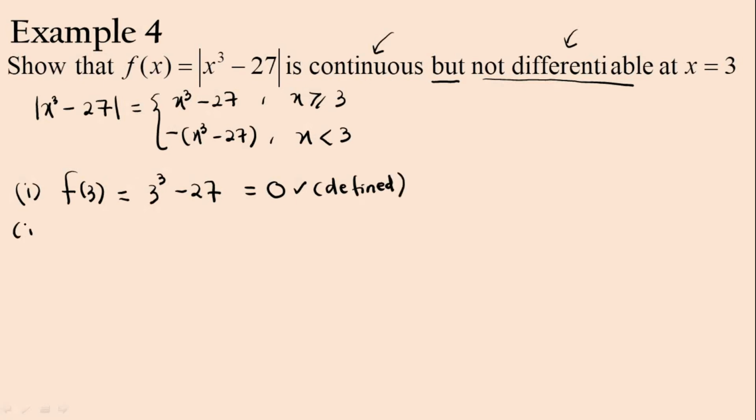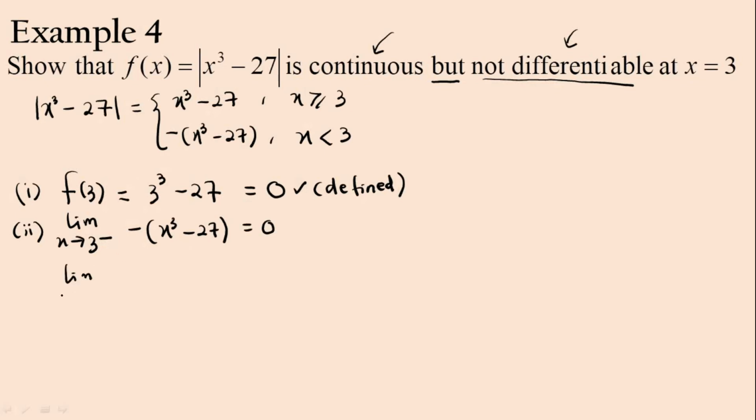Now for the second test, we have to find whether the limit exists or not. First, we perform the one-sided limit test. The limit as x approaches 3 from the left, in this case, would be negative of x cubed minus 27. Here we will get 0.